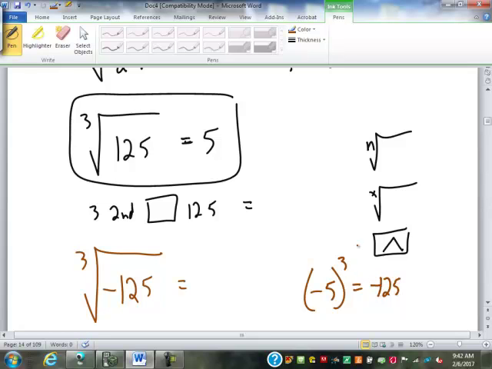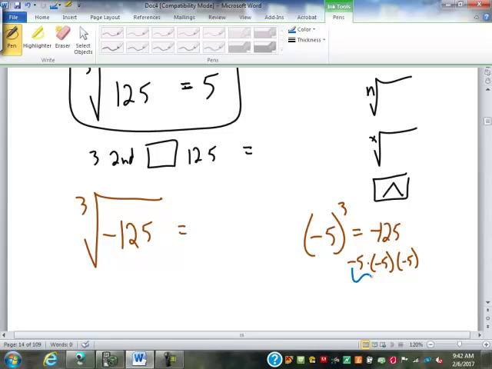Because it's an odd power, it's going to be an odd number of negatives multiplied together. So the first two, negative 5 and negative 5, are going to give me a positive 25. But there's another negative left over to make the result negative again. So yes, I can do the third root of a negative number.